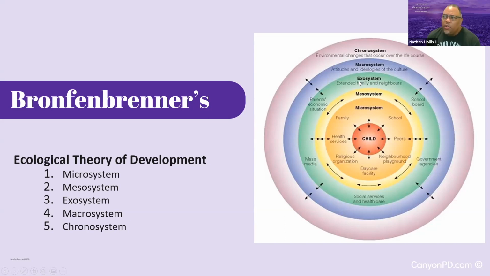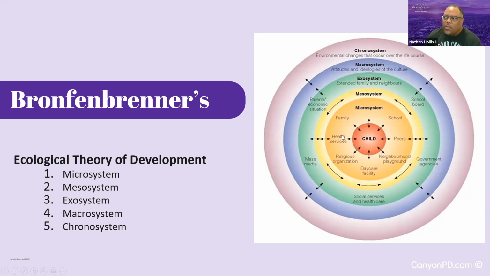The third system is your exosystem. And it really is the extension of your micro and mesosystem. So, if by example, your microsystem is made up of both parents, like my family in that 1980 picture, then your exosystem would be made up of grandparents, aunts, uncles, cousins.